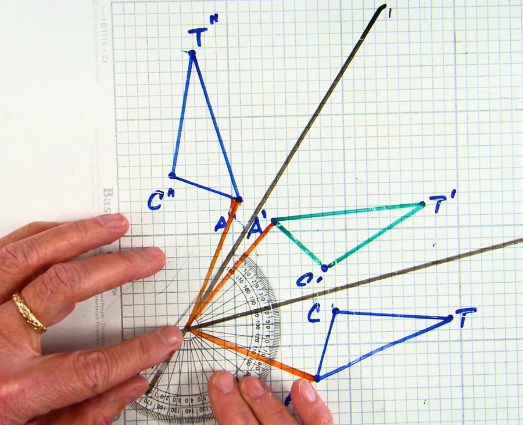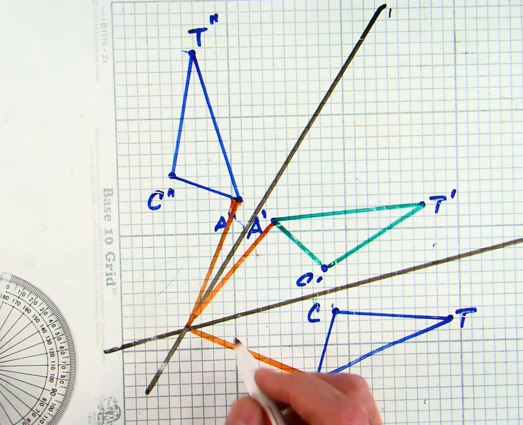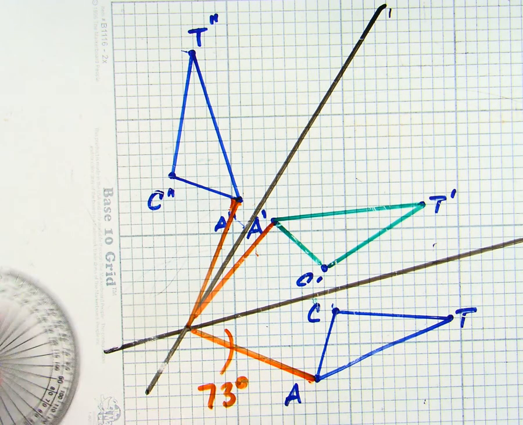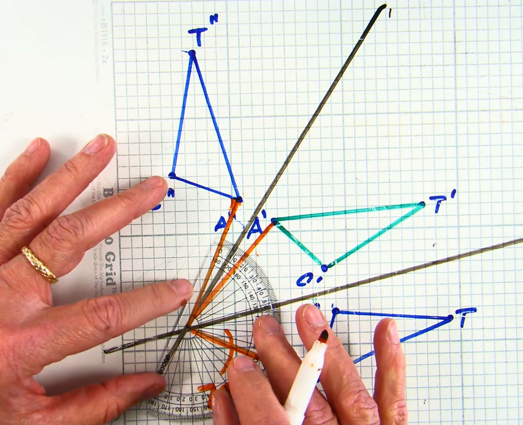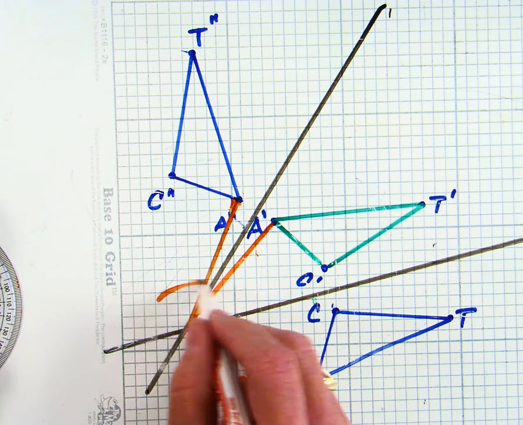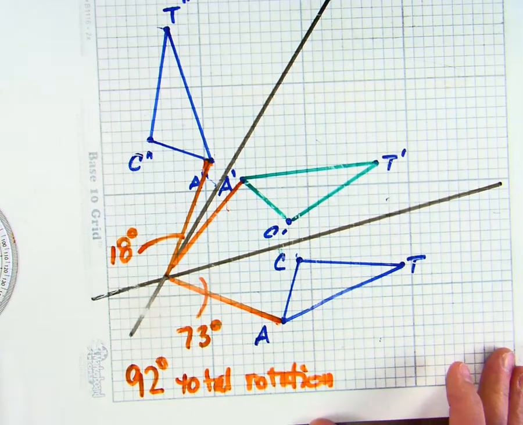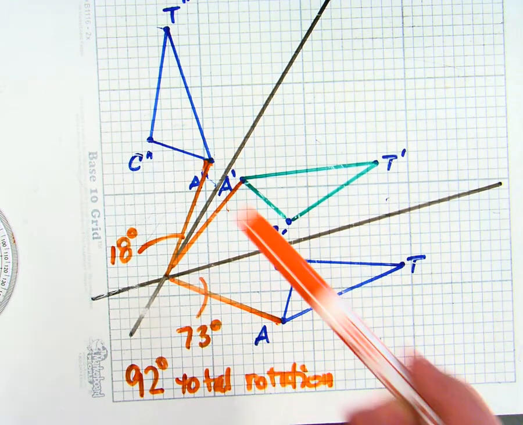I'm going to show it as about 73 degrees and about 18 degrees. So that's a total of 92 degrees. Pretty close to a right angle. That would be my total rotation from the original to the second copy, cat prime.